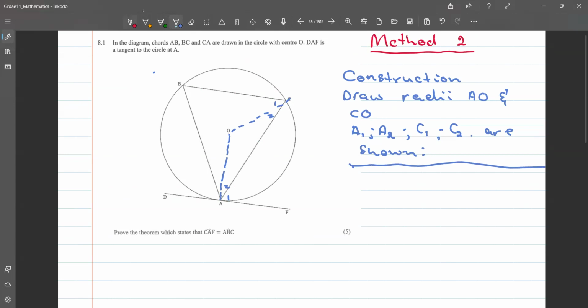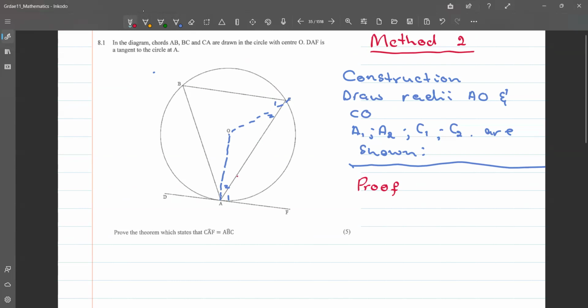Where are we going? We are now going to prove. So under proof, where do we start? Remember, when you approach this theorem using this method, you're going to use angle at the center is twice angle at the circumference.